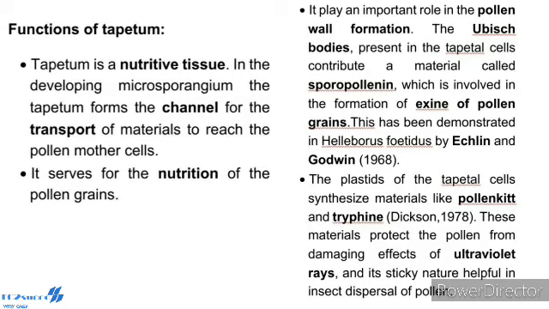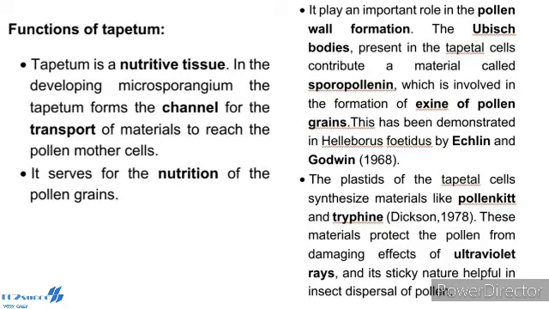The tapetum serves as nutrition for the pollen grains or microspores. Tapetum plays an important role in pollen wall formation. The Ubisch bodies present in the tapetal cells contribute a material called sporopollenin, which is involved in the formation of the exine of pollen grains. This has been demonstrated in Helleborus foetidus by Echlin and Godwin.